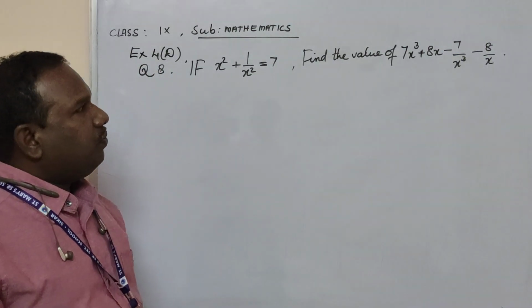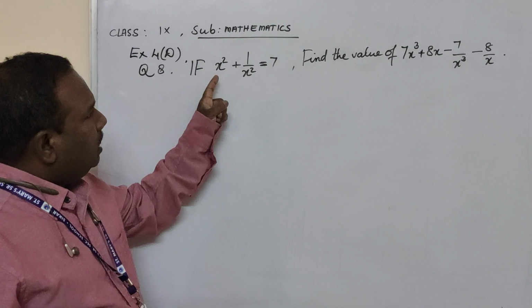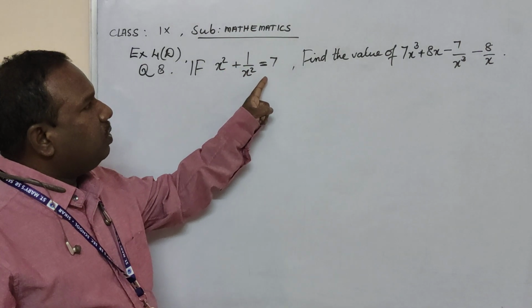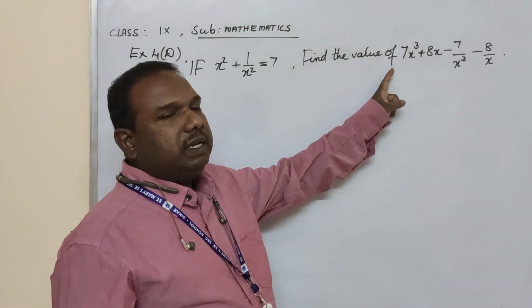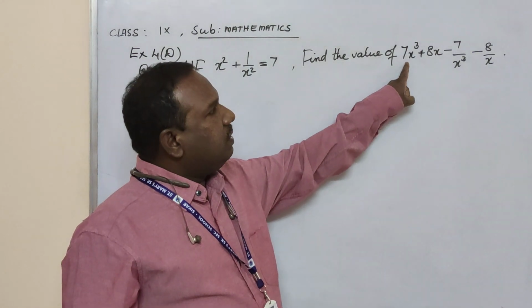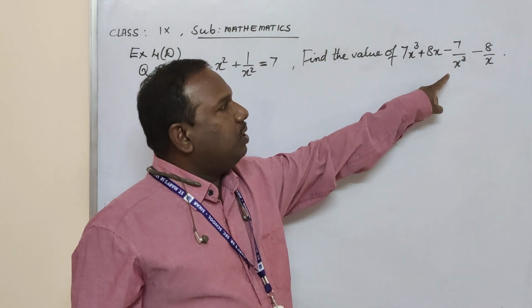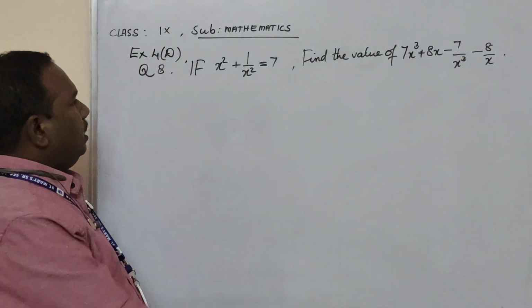Once more, all of you read the question properly. It is given in the question x square plus 1 by x square is equal to 7, and we are asked to find the value of 7x cube plus 8x minus 7 upon x cube minus 8 by x. And solution.